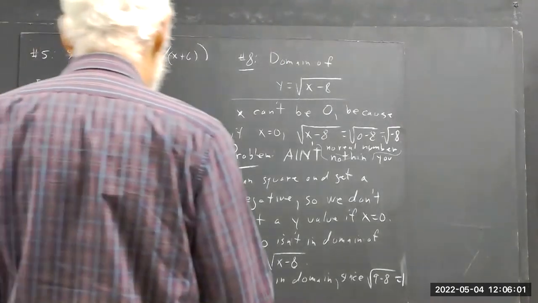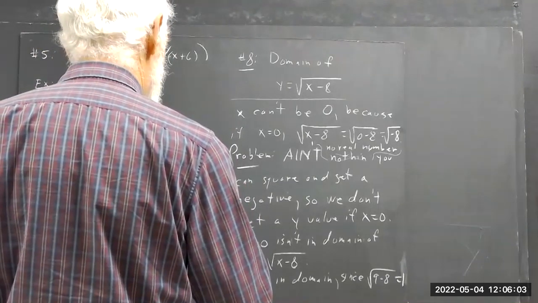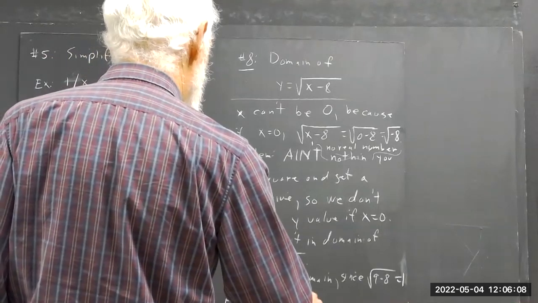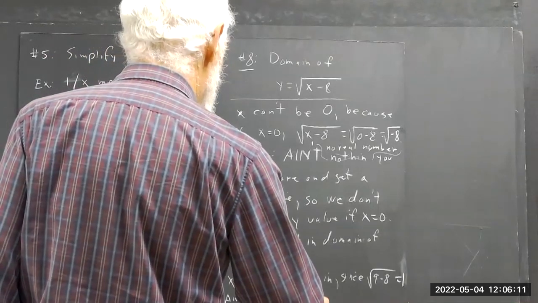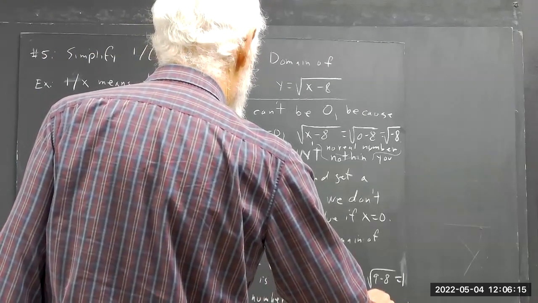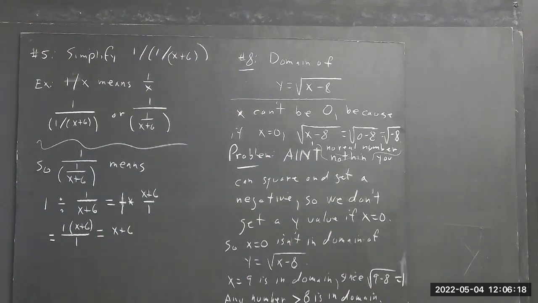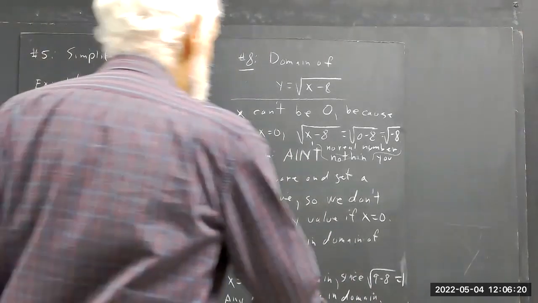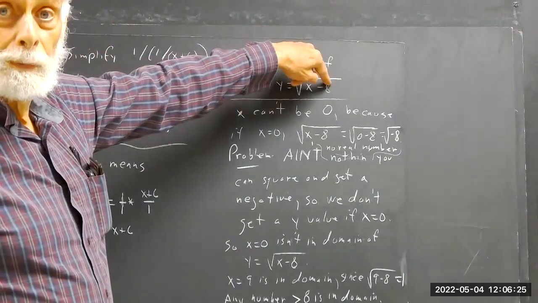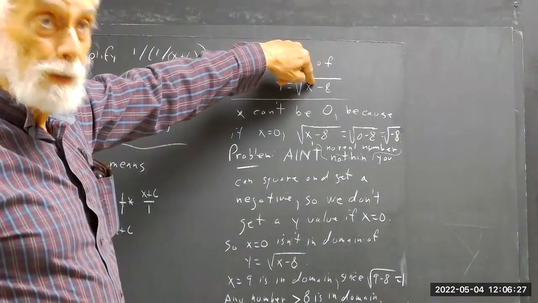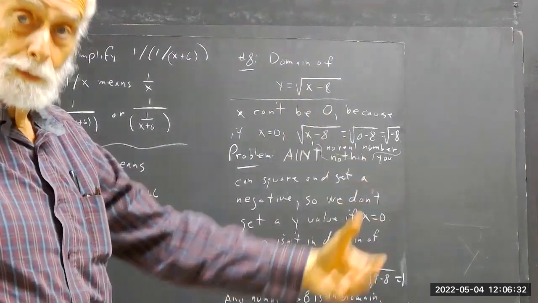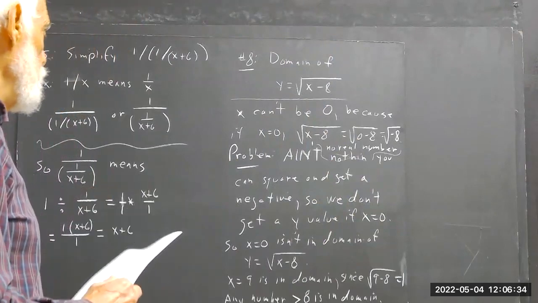In fact, any number greater than or equal to 8 is in the domain. If x is greater than 8, you definitely get a positive number when you subtract 8. If x is equal to 8, you get 0, but the square root of 0 is 0, since 0 times 0 is 0.